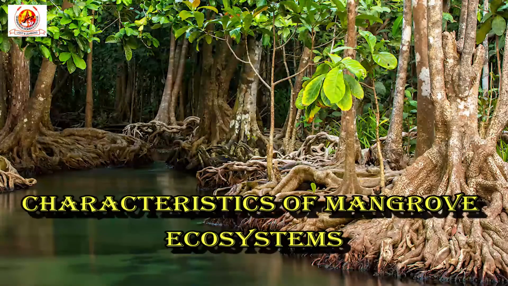Now come to the characteristics of the mangrove ecosystems. Mangroves are uniquely adapted to tropical and subtropical coasts, and although relatively low in number of species, this forest provides numerous ecosystem services and supports coastal livelihoods.